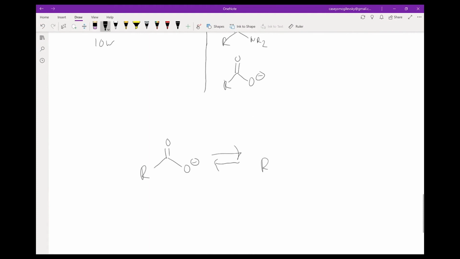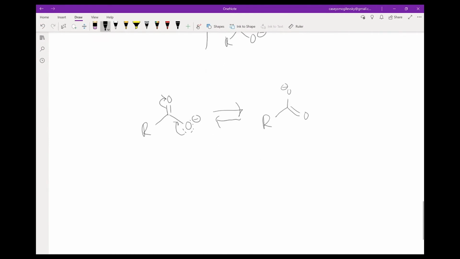And we'll see why in a second. Why they're equal resonance contributors is that one of these structures is not actually more stable than the other. And this is why carboxylic acids, when deprotonated, have these structures: they can distribute the negative charge that results over to electronegative atoms, such as oxygen.